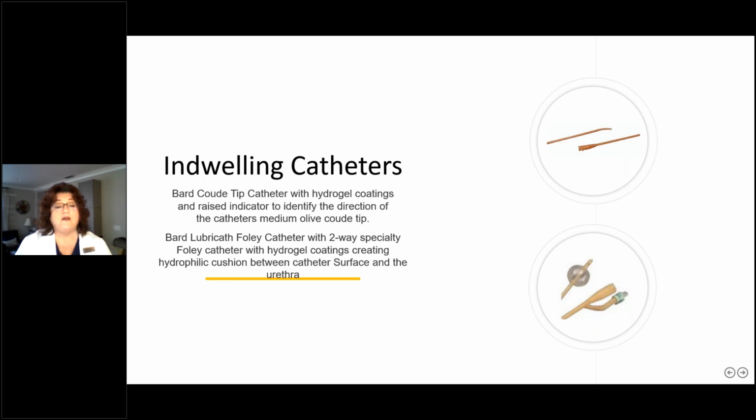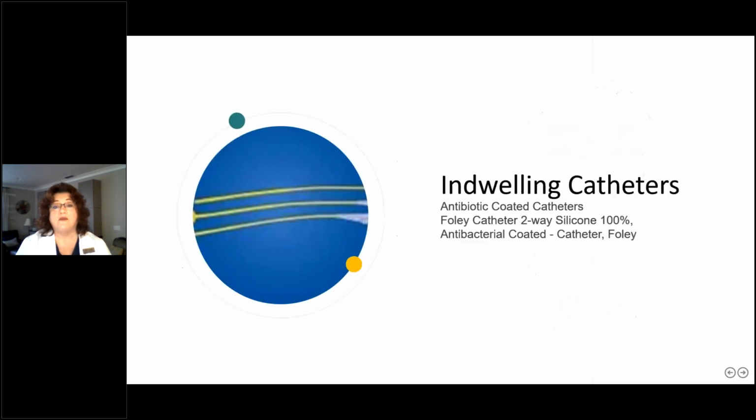There's also the Lubricath Foley catheter two-way specialty that has hydrogel coating, and that does do the hydrophilic cushion between the catheter surface and the urethra, so that helps to be more comfortable as well. There are antibiotic-coated catheters, Foley catheter, two-way silicone 100%, antibacterial-coated catheters.